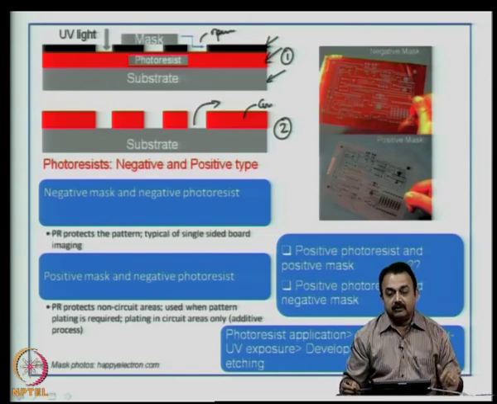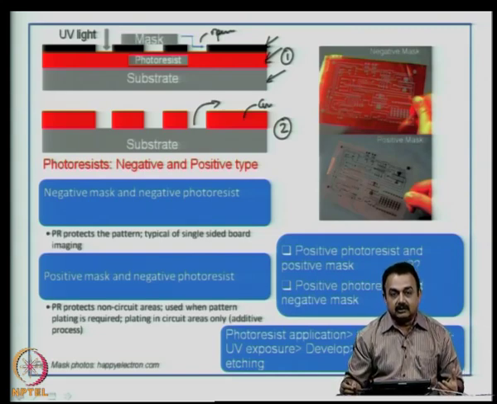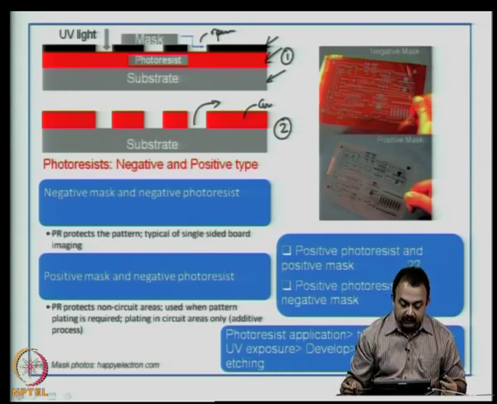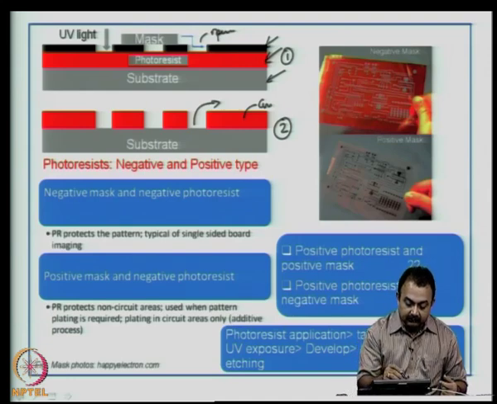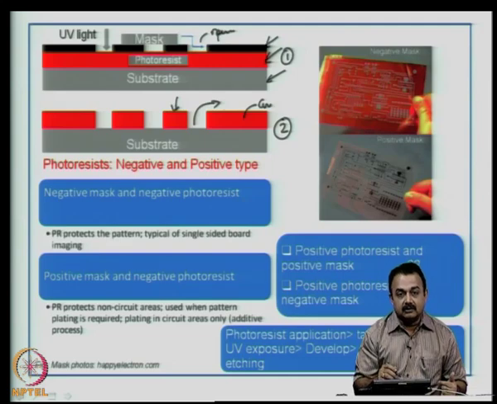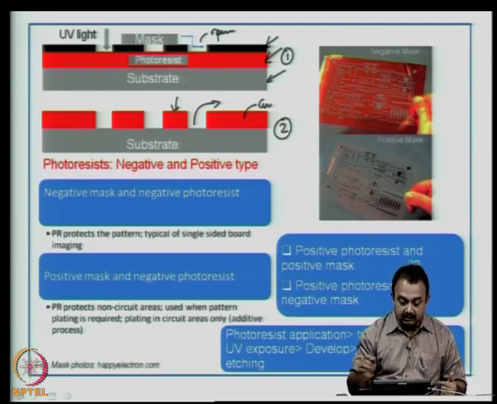So, accordingly you have to choose a mask, right. So, if you take the black areas that represented blocking of UV light was actually this area. So, typically this will be a negative photoresist, or a positive photoresist can also be used in the PCB process.